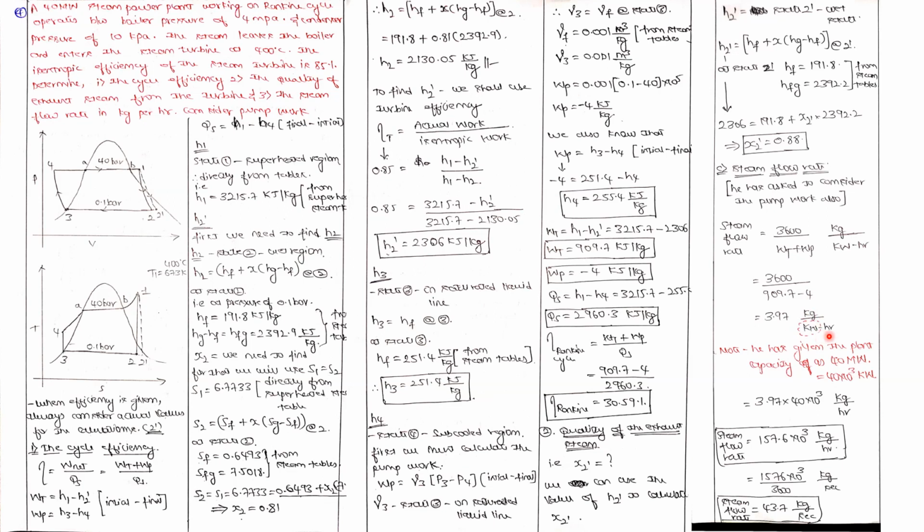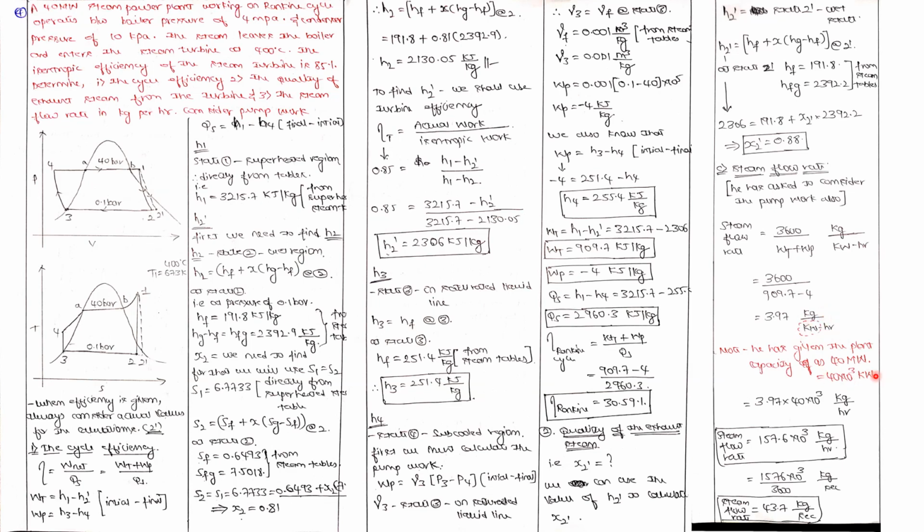If I convert megawatt into kilowatts, it is 40 into 10 to the power of 3 kilowatt. If I substitute the plant capacity here, this kilowatt will vanish away. So I have to multiply by this particular thing, so that this will be the steam flow rate in kgs per hour.